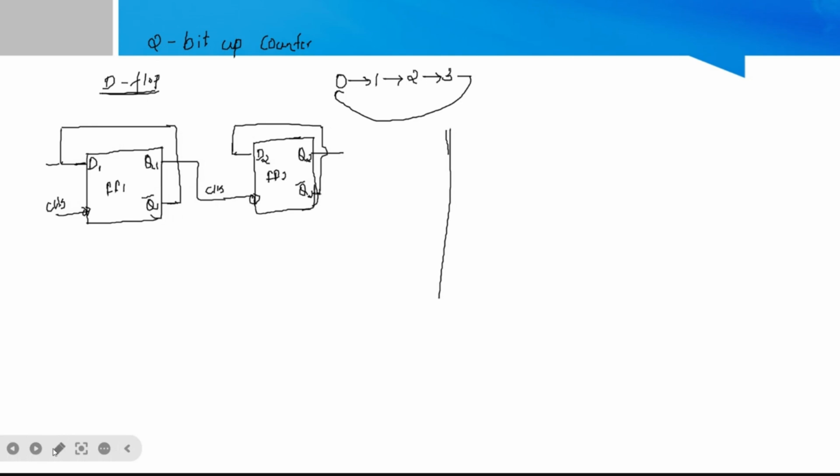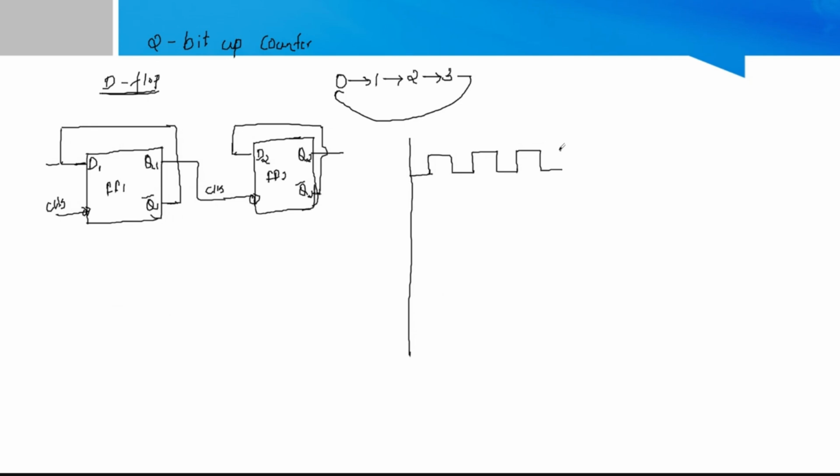We'll see how it works. So this is the clock signal we are taking. This is a clock signal, okay?